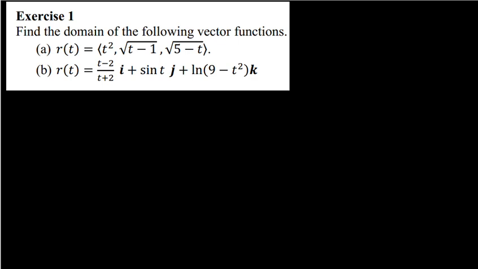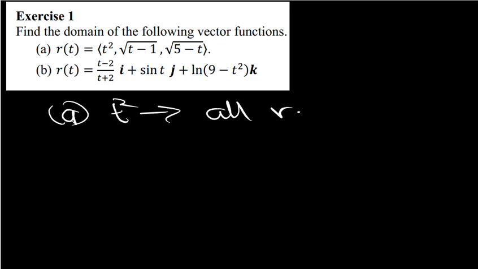We have to find the domain of the following vector functions. So let's pick the A. The component functions are t squared, the square root of t minus 1, and the square root of 5 minus t. For t squared, its domain is all real numbers.